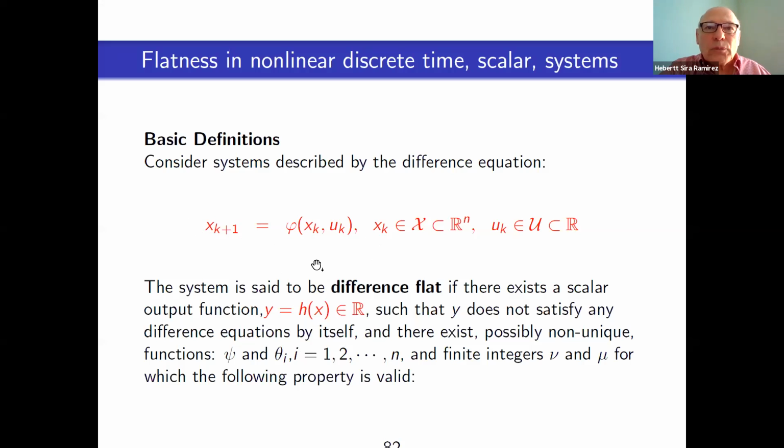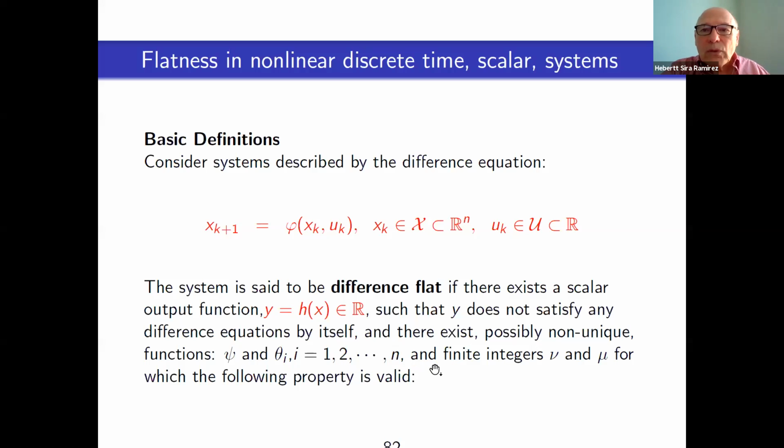If you have an output of the system, that output is also parameterizable in terms of this output. And what do we mean by parameterization? By parameterization, we mean that we will be able to find two functions, let's call them psi and theta sub i. And theta sub i is a vector function with two components.